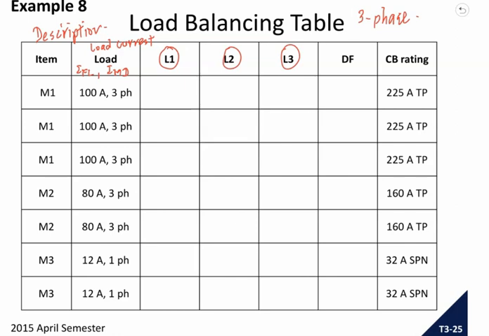So for a three-phase machine, when we see that it is a 100 amp full load, it implies that across all three phases, we will be drawing 100 amp each.